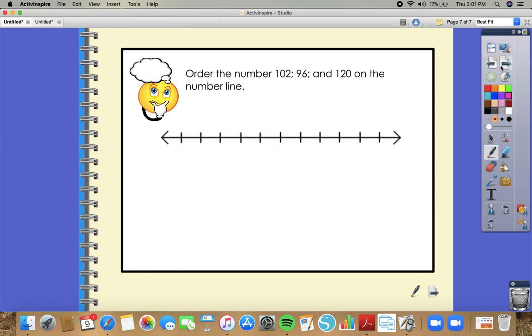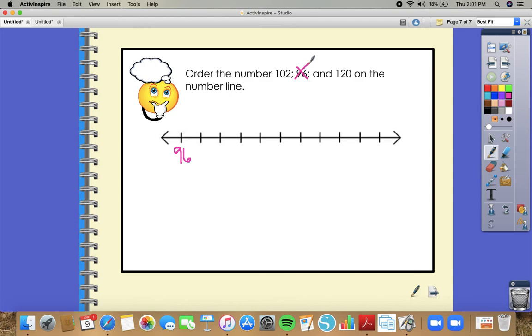All right, we're going to do one more. We have 102, 96, and 120. All right, so what would be our smallest number? 96. Good. Now, what would be our biggest number?